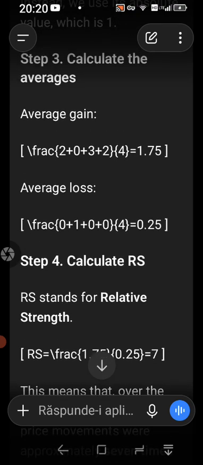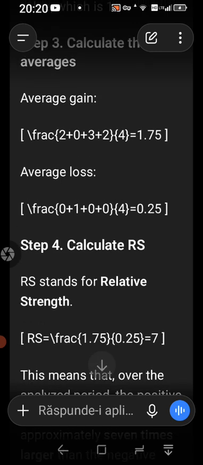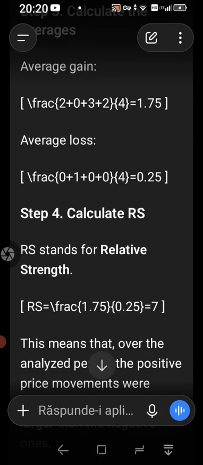Average loss: 0 plus 1 plus 0 plus 0, divided by 4, which is 1 split into 4, which is 0.25 if we split it equally.